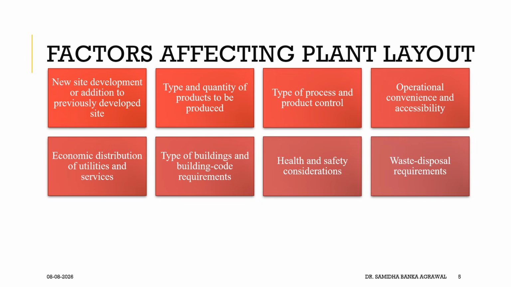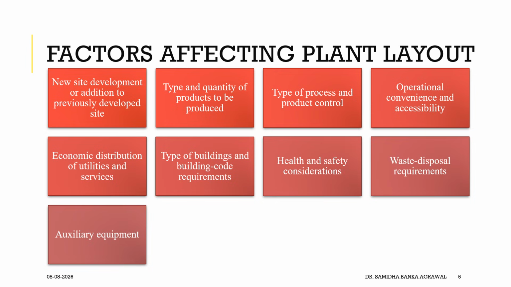Waste disposal requirement. If you need an ETP, where it will be. If you need a solid waste disposal system, where it will be. If you need connectivity with a central effluent treatment plant, then how will you manage that? Along with air pollution, all the pollutants that you are going to release in air, how you are going to treat them and how you are going to place your chimneys and all.